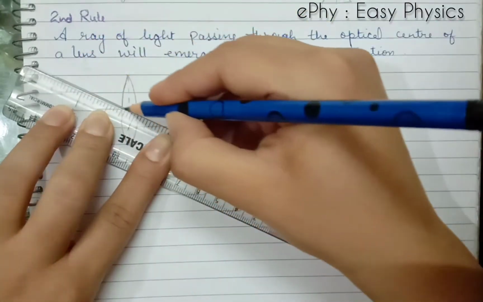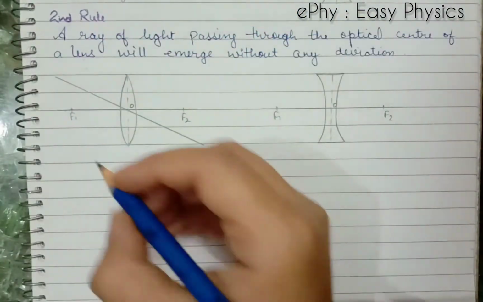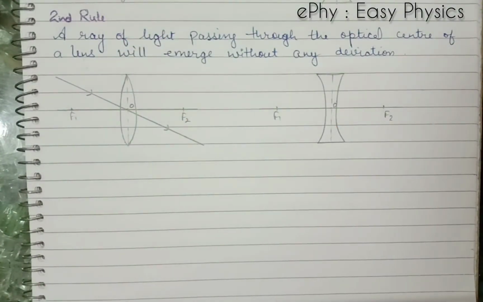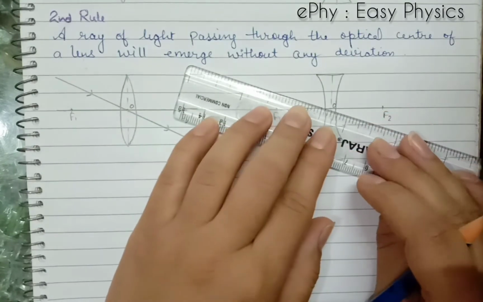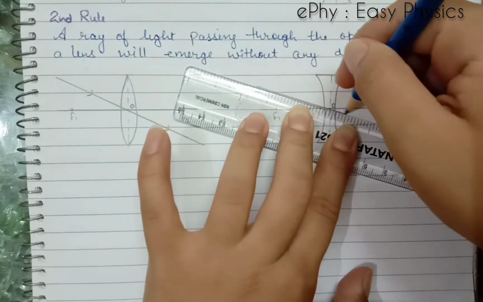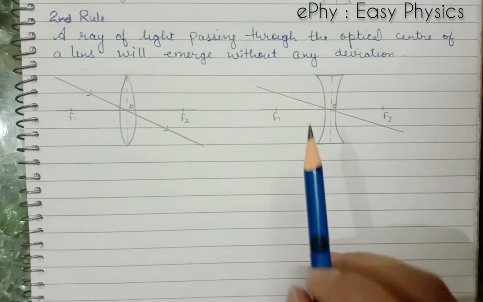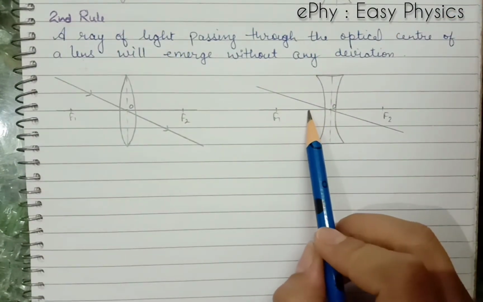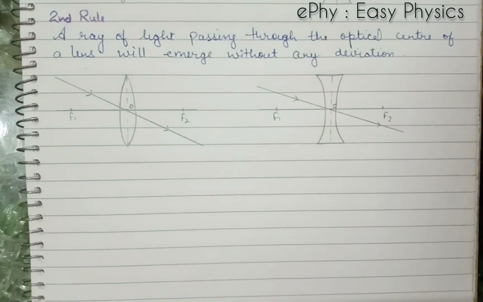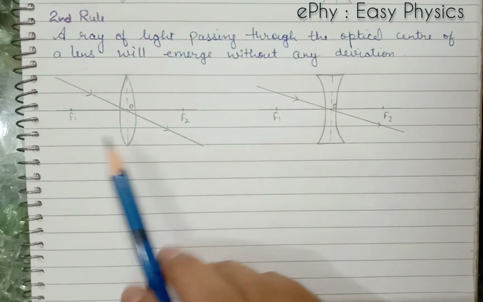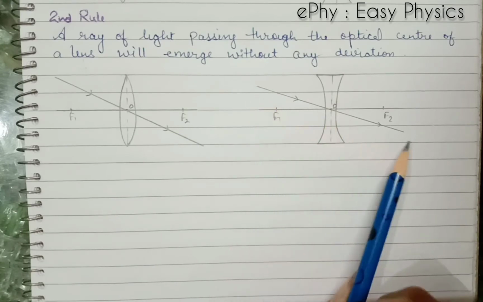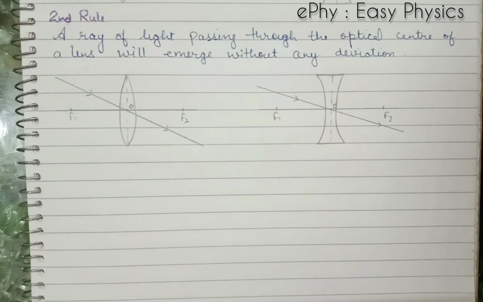You will draw a ray of light which is going straight through this optical center like this. Here also you can draw in the similar way. This ray of light can be at any angle from the principal axis. In this way, any ray of light which is passing through the optical center will go straight without any deviation.